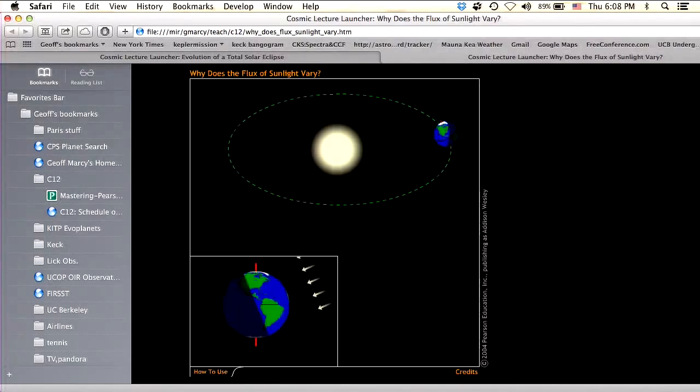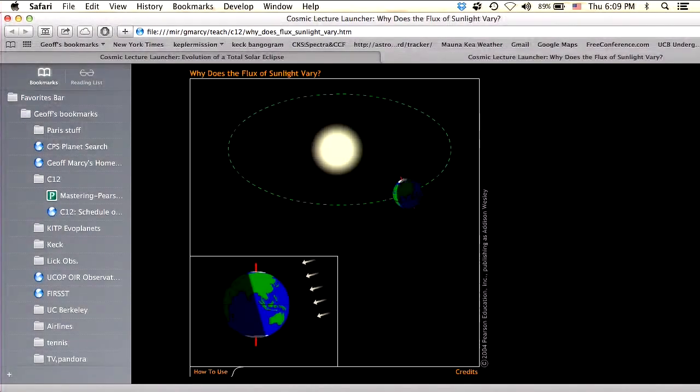So watch, there's the Earth in summer, tilt axis toward the sun. There's the autumnal equinox, the fall equinox. Now the spin axis is pointed away from the sun. That's winter for the northern hemisphere, but it's summer for the southern hemisphere. And then here is the spring equinox.